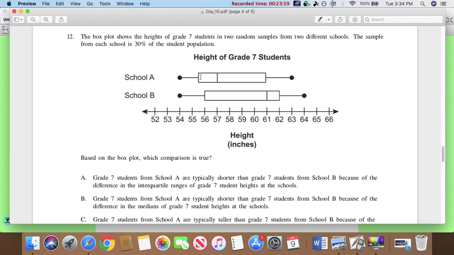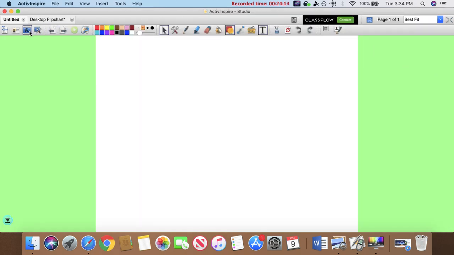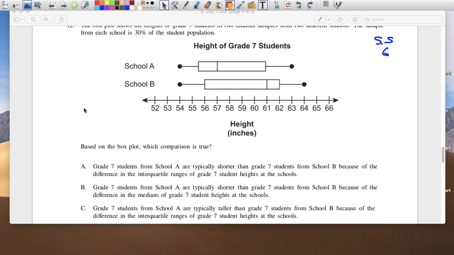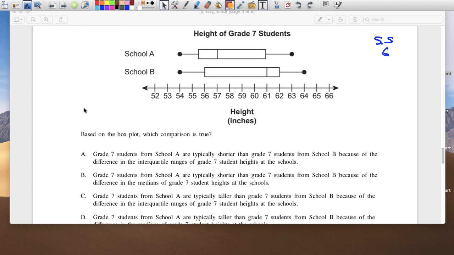Let's see. Grade 7 students from school A are typically shorter because of the difference in the medians. Okay, that I would say, right? So the median here of school A is definitely shorter than school B. So I wouldn't be opposed to that. I'm thinking that looks okay. Grade 7 are typically taller?